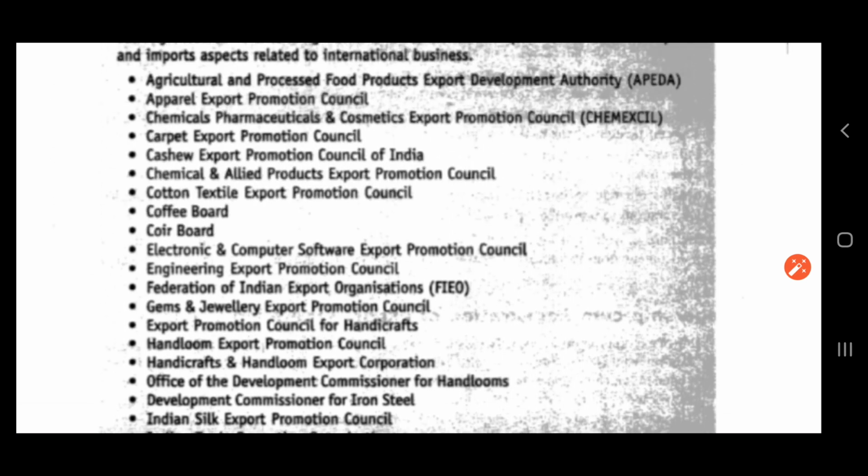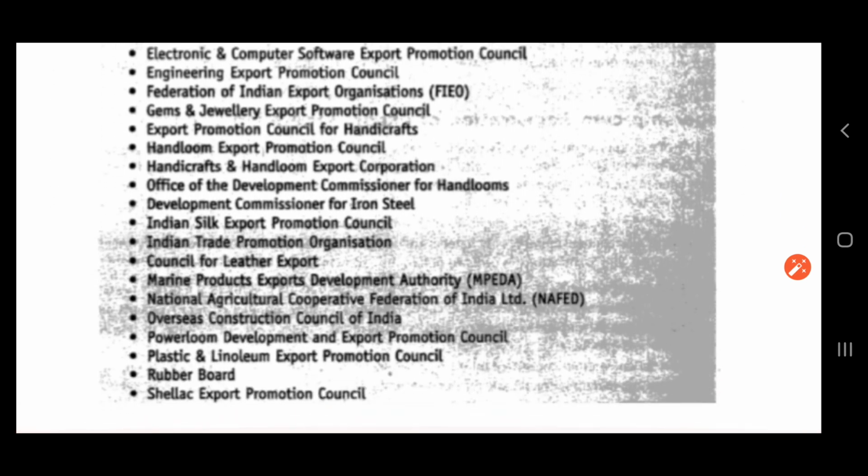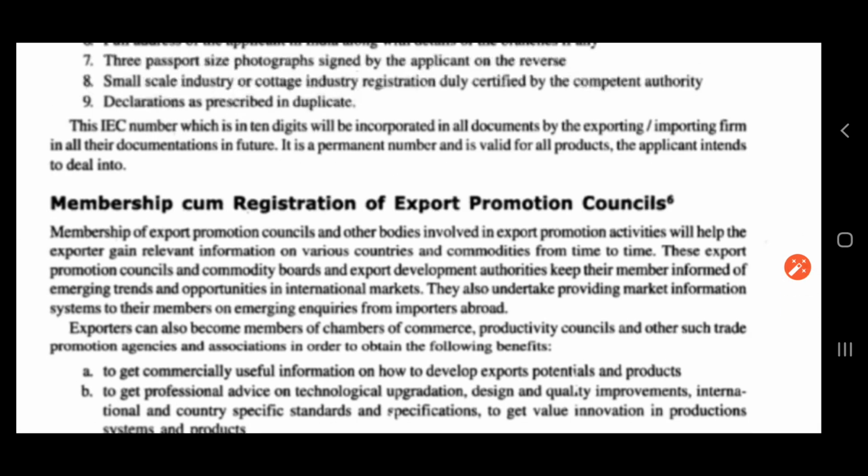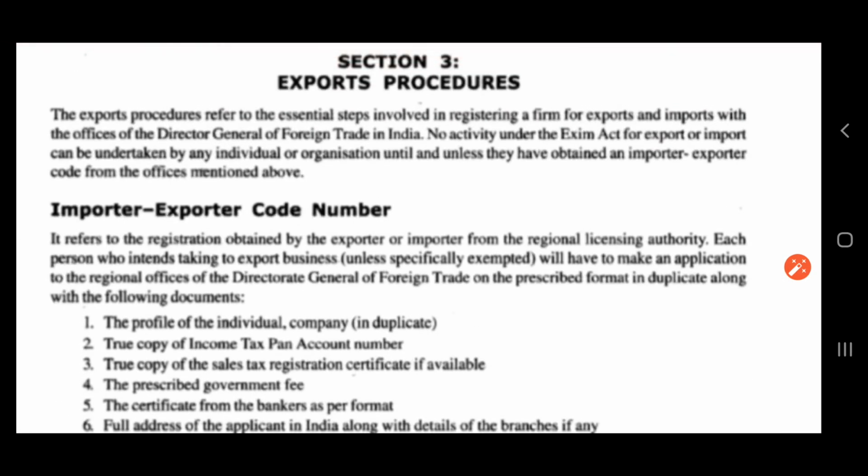After getting all these things, the exporter may get ready to execute the order or to place an order for imports or exports.